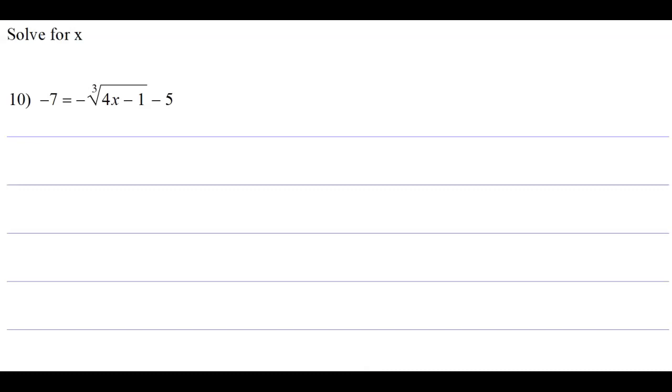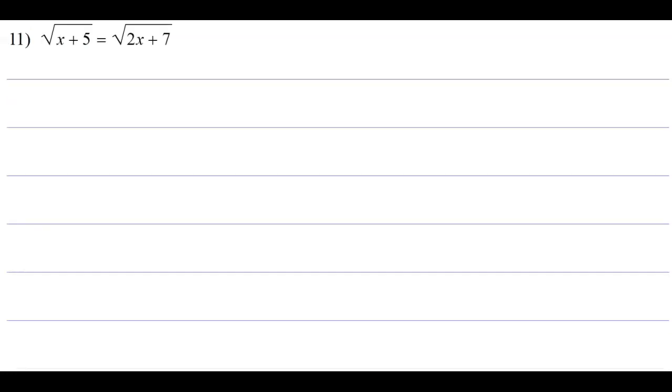All right, let's go ahead and continue on here to take a look at number 12. We're going to solve another one. This one's just a little bit different because unlike the last problem where we had just one square root, this one has a square root on both sides. So the way that these ones work is basically you're just going to start right off the bat by squaring both sides. Because both of these are square roots, the way that we get rid of the square root is by squaring both sides.